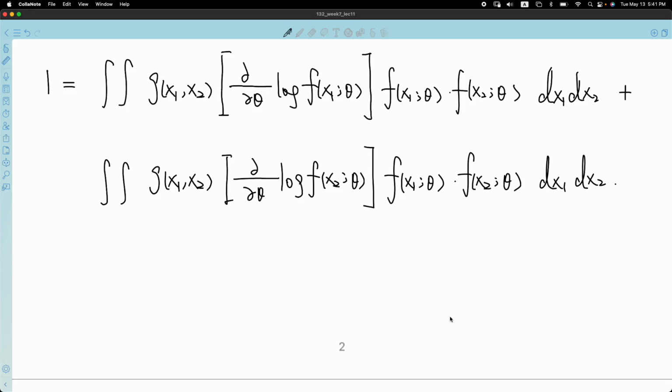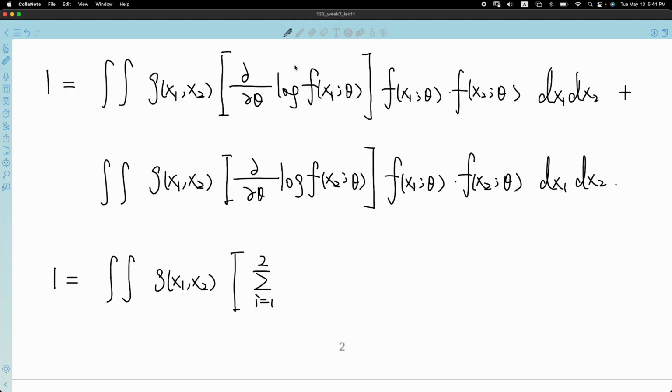Okay, so now you can see that for the n equal to 2 case, we have arrived at the following expression. So your estimator, g of x1 and x2. And here, for the square bracket, let me sum them together. So I'm going to write it as a summation, i equal to 1 to 2, because we only have 2 data points.